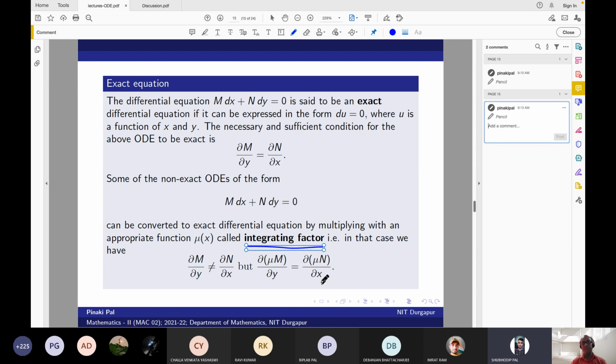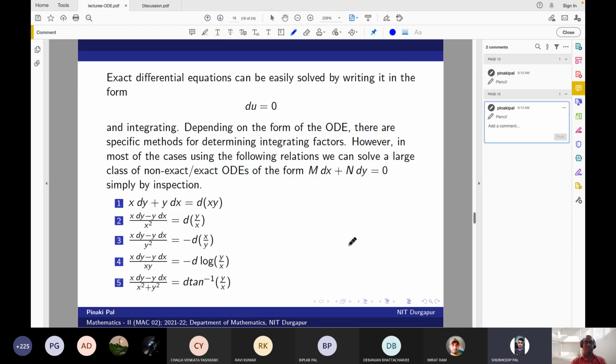In many cases integrating factors will exist, and I will not go into the detail because this is not in the syllabus, but in some cases, simply by inspection, we can convert the given ordinary differential equation into exact form, and for that these differential relations will come in handy.